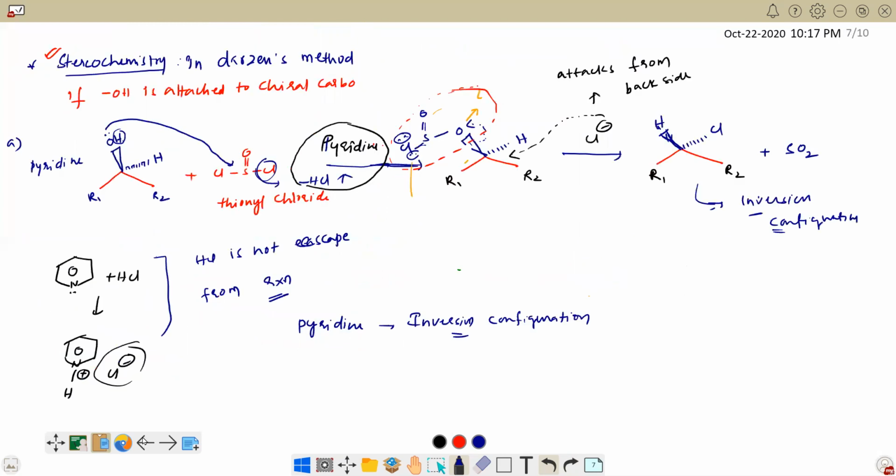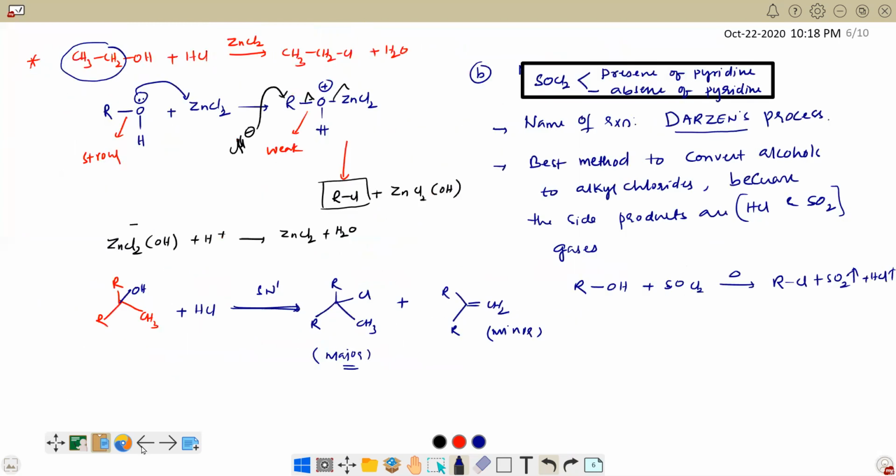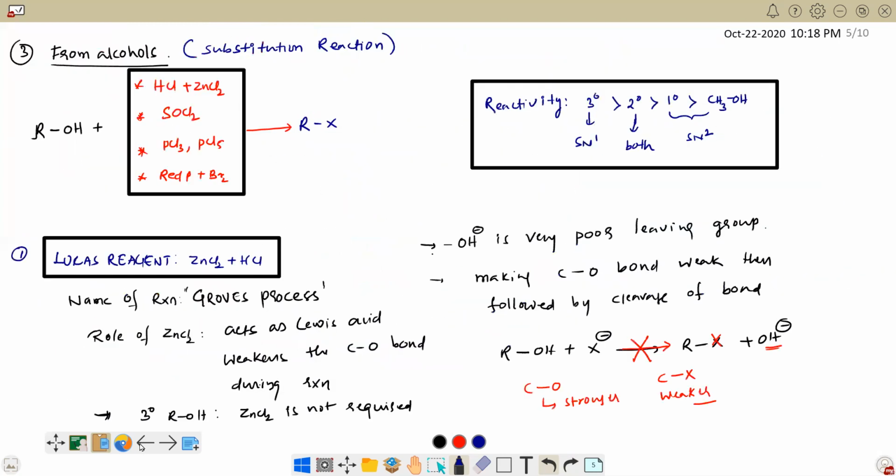One thing I want to tell you: what is the importance of Lucas reagent? Here it is.